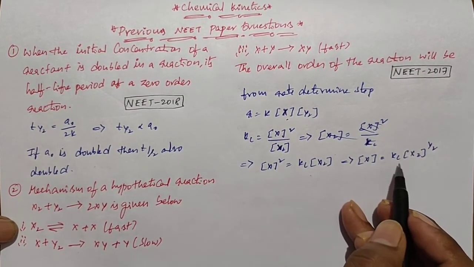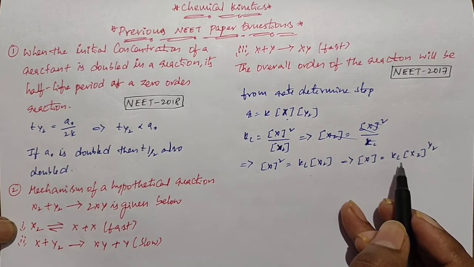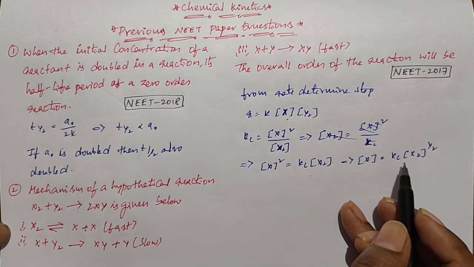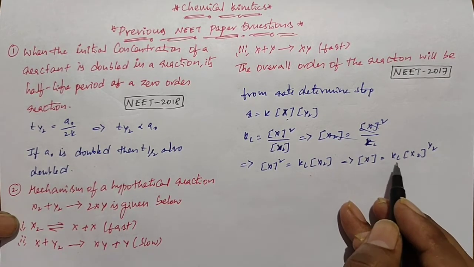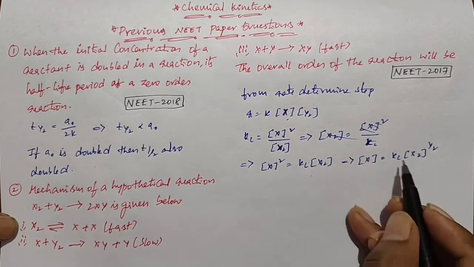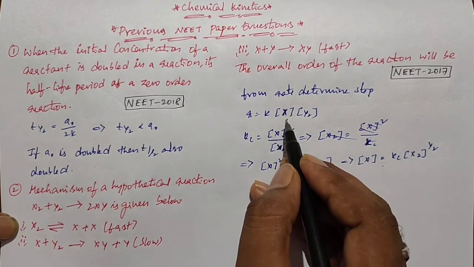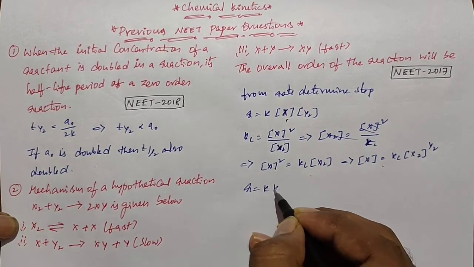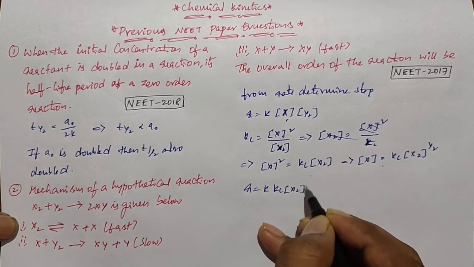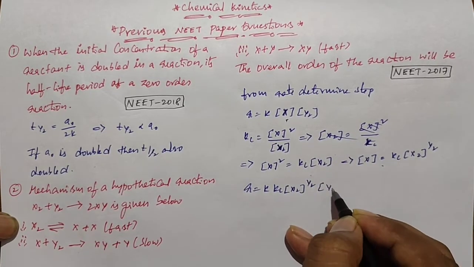Why didn't we take the Kc power 1 by 2? Because multiplication, roots or square roots cannot be applied to a rate constant. That's why here I take the Kc as it is. Okay, now substitute this value in place of X in the rate law. So R is equal to K into Kc into concentration of X2 power 1 by 2 into concentration of Y2.